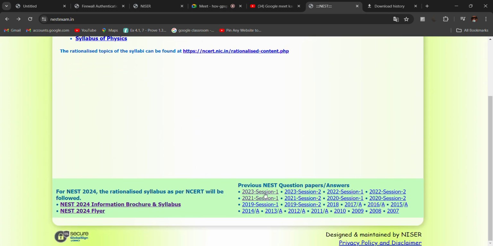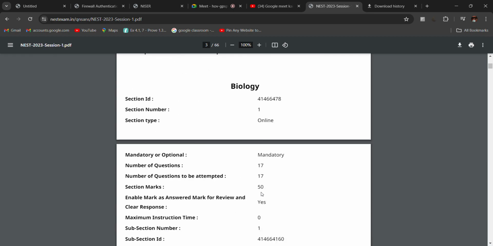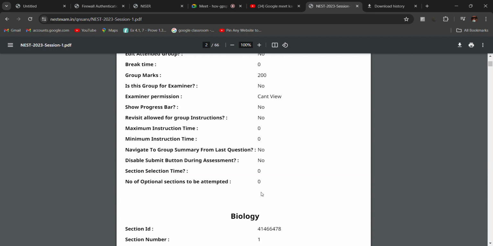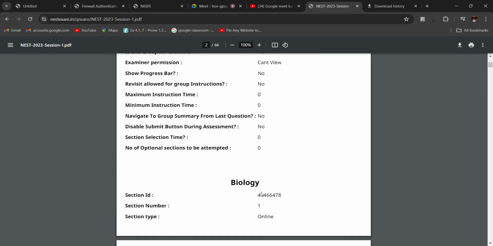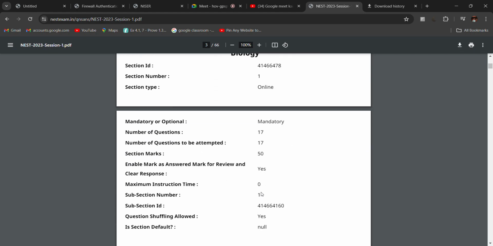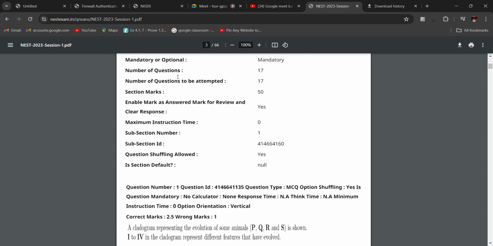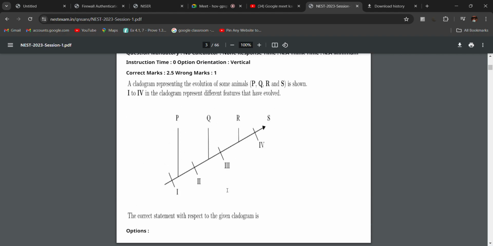And from here you can see the question paper. In 2023, number of questions 17, number of questions to be attempted 17, selected marks, these things you can read.